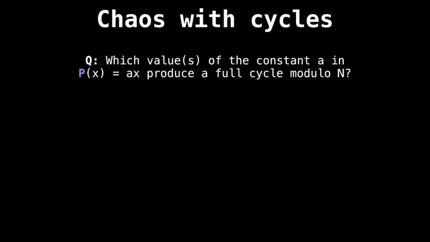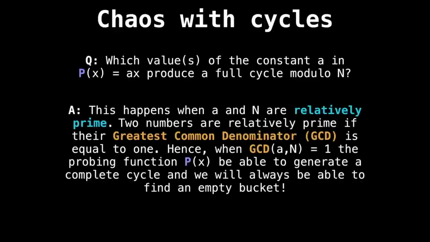So that's the question. Which values of the constant a in p of x equals a of x produce a full cycle modulo n? It turns out that this happens when the constant a and n, the table size, are relatively prime to each other. Two numbers are relatively prime if their greatest common divisor is equal to 1.